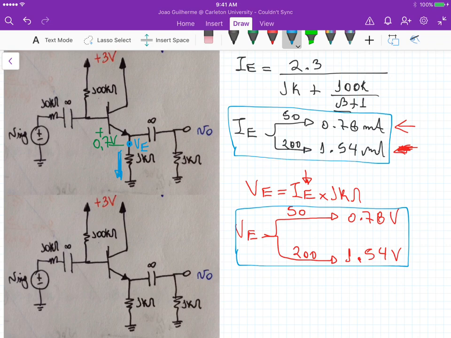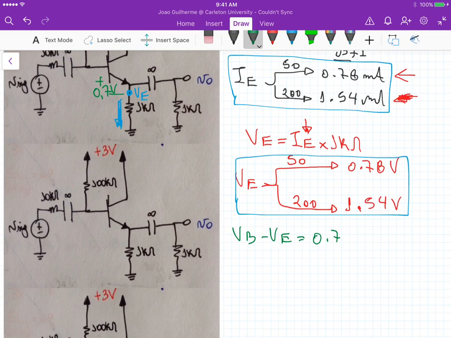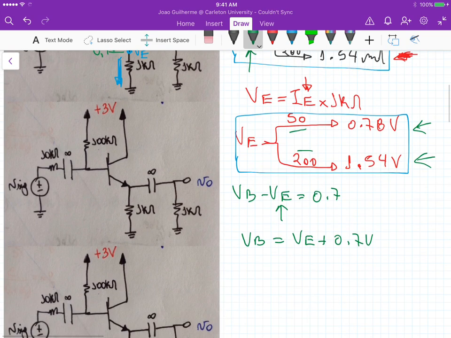Now, because we assumed active mode operation, we know that VB minus VE is equal to 0.7. So again, VE changes because IE changes. So VB is equal to VE plus 0.7 volts. And because we have two different values for VE based on the value of beta, we get two values for VB.